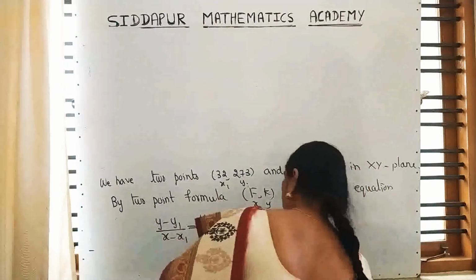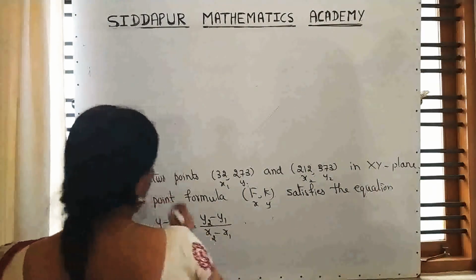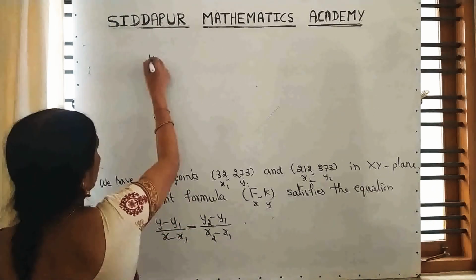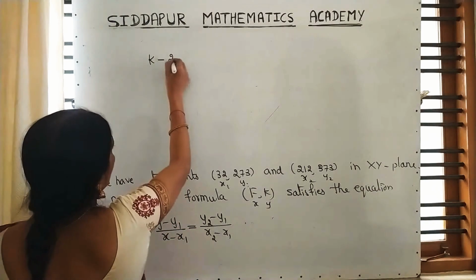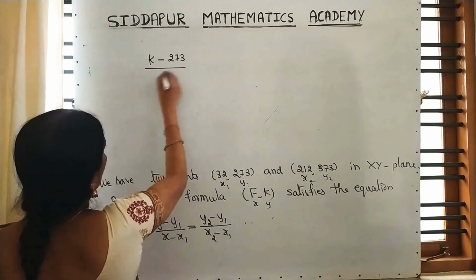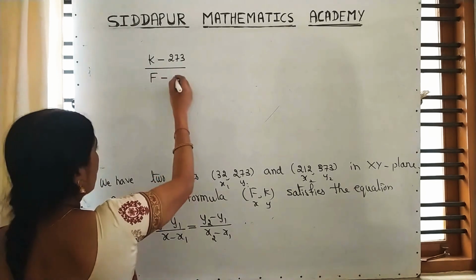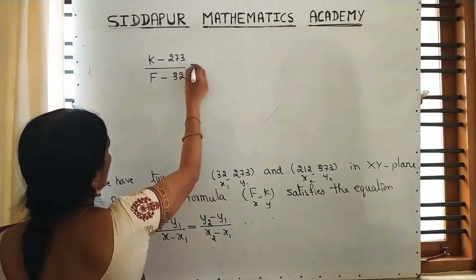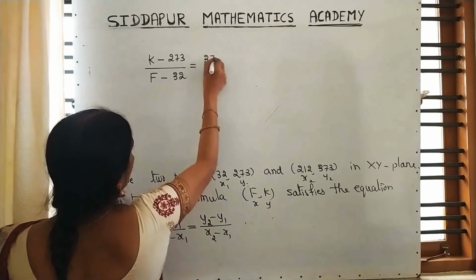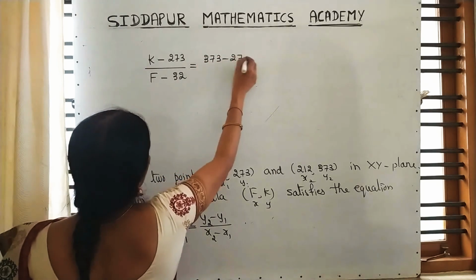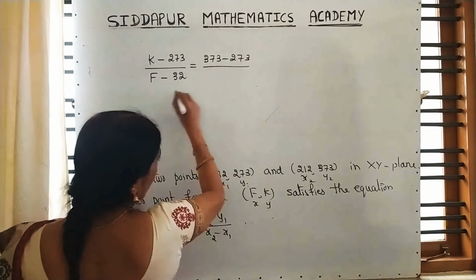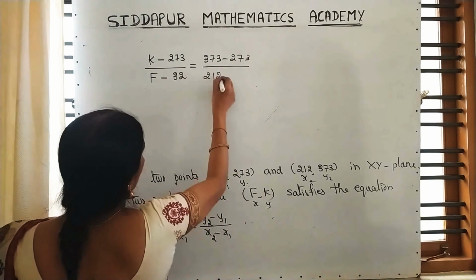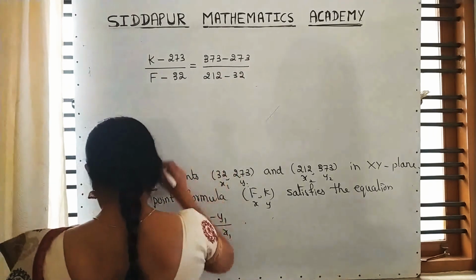Just substitute: y minus y1, that is K minus 273 upon F minus 32 is equal to 373 minus 273 divided by 212 minus 32.